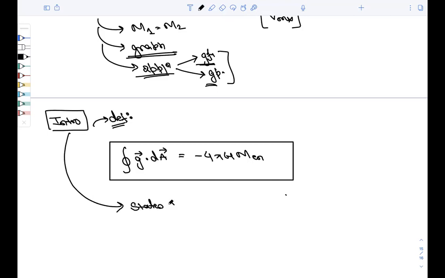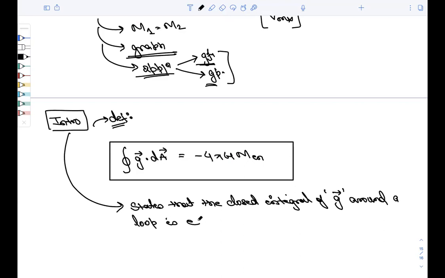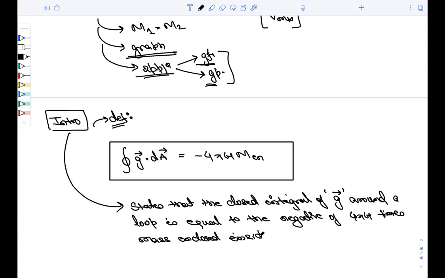states that the closed integral of gravitational field around a loop is equal to the negative of 4 pi G times mass enclosed inside the surface created by the loop.